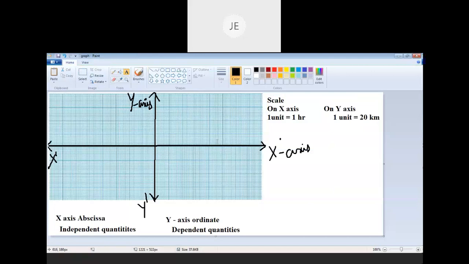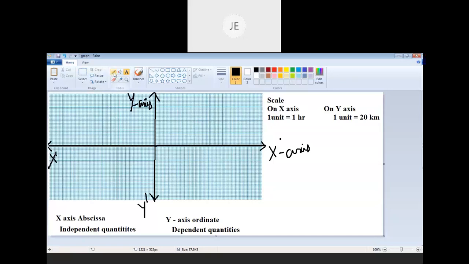So now let us go a little bit into physics and the motion chapter: how these graphs are related to this chapter, and how we can describe the motion. So what does 1 unit mean on the x-axis?